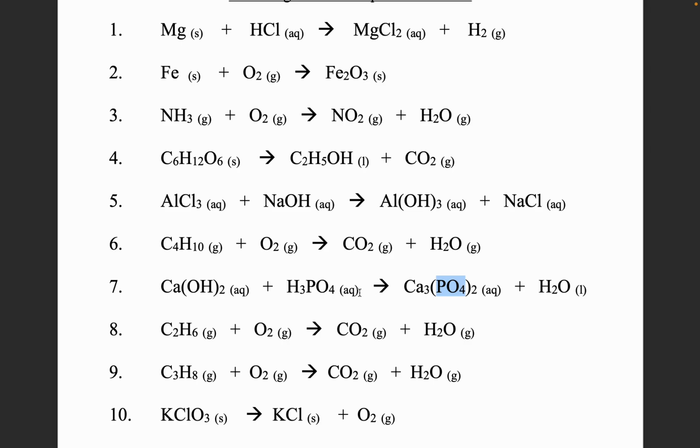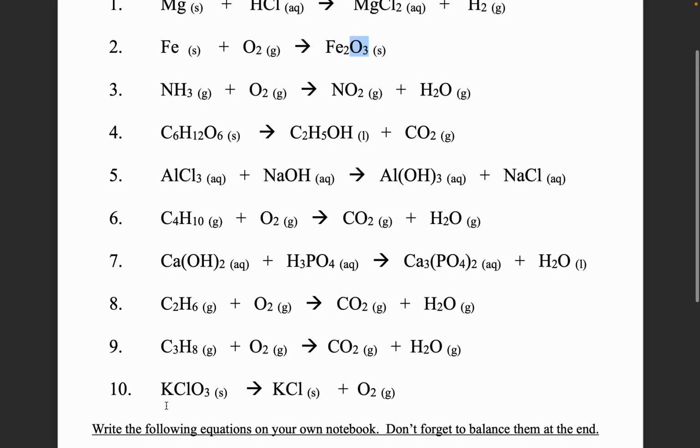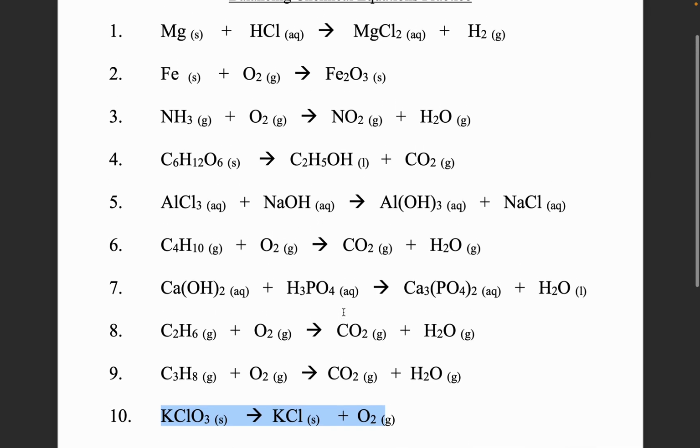Polyatomic ion, right? There's your OH and your OH. Let's see if we can find, here we go. This is an example of the 2 and the 3 magic number, right? And another 2 and 3 magic number down here. Okie doke. Hopefully that will help you get through and figure out all the good stuff.